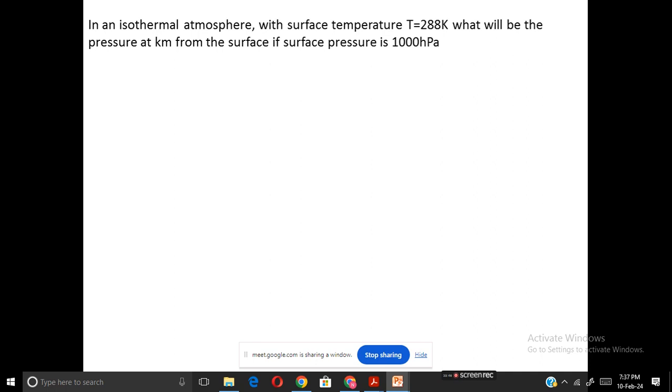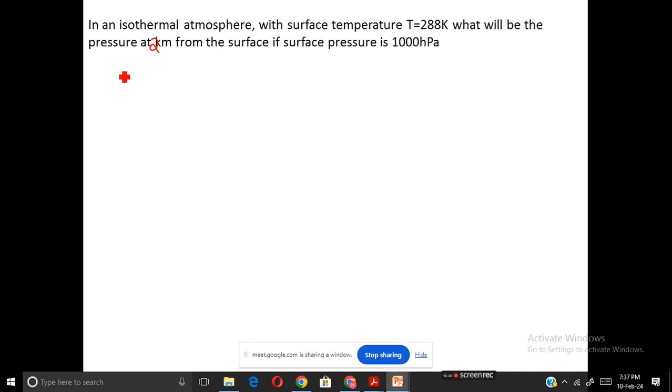Yes, what will be the pressure at 2 kilometer from the surface? Let's say z is equal to 2 kilometer.